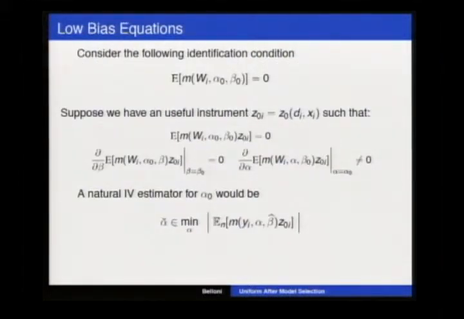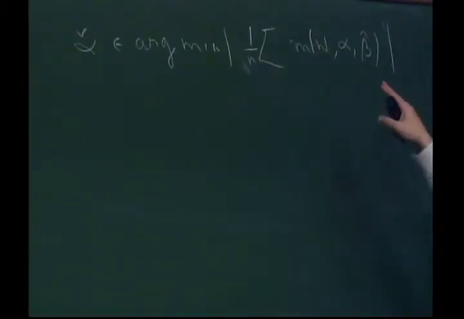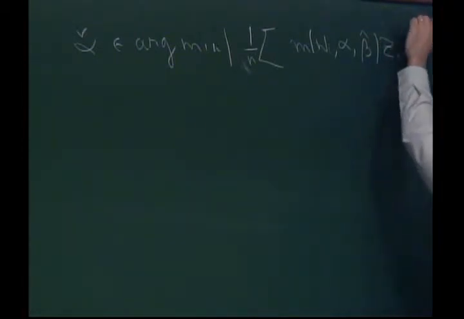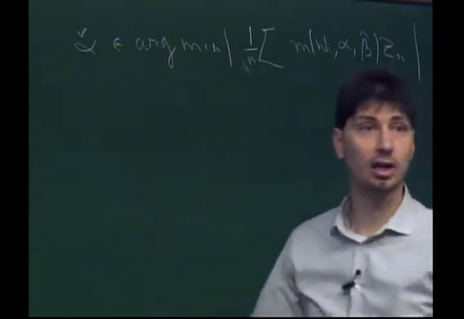So if I have this instrument now, a very natural estimator would be just check hat that minimizes 1 over n summation of my moment conditions alpha beta hat. So now I can use the plug-in estimator here if I have that being used with the instruments.